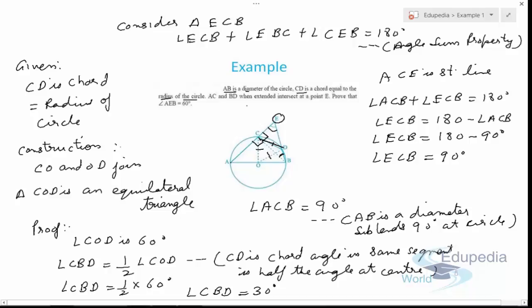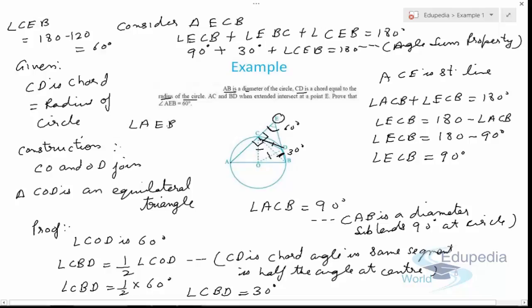Now angle ECB is 90 degrees, so let's write 90 over here, plus angle EBC, which we have proved as 30 degrees, angle CBD, so we write 30 over here, plus angle CEB equals 180 degrees. So angle CEB will be 180 minus 120, which is 60 degrees. So angle AEB is 60 degrees. So this is how we can prove these types of questions.